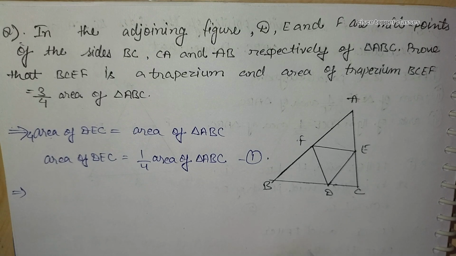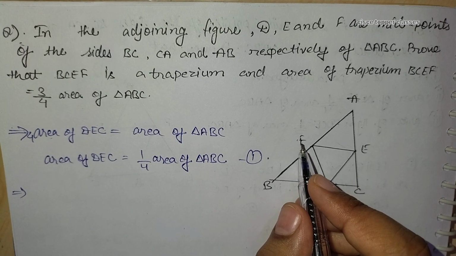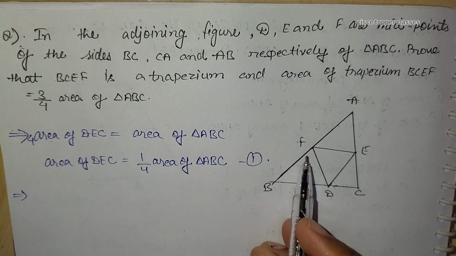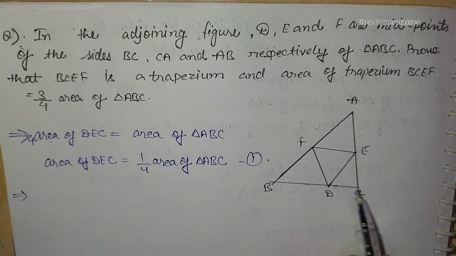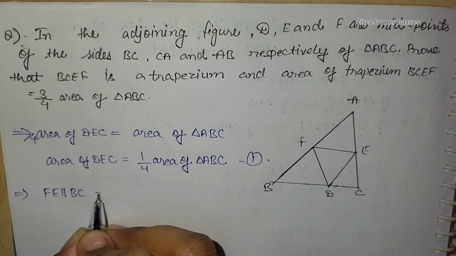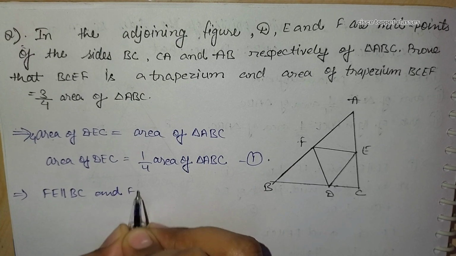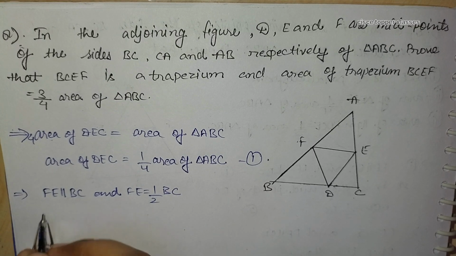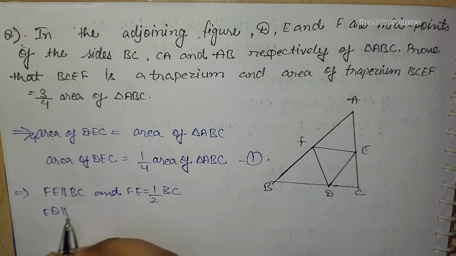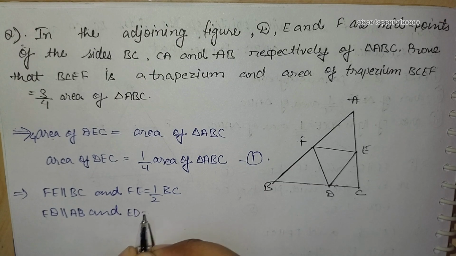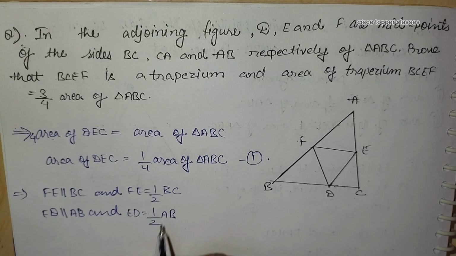Now here we have to prove that BCEF is a trapezium. So here we have FE parallel to BC, and FE is equal to half of BC, and again ED is parallel to AB, and ED is equal to half of AB.